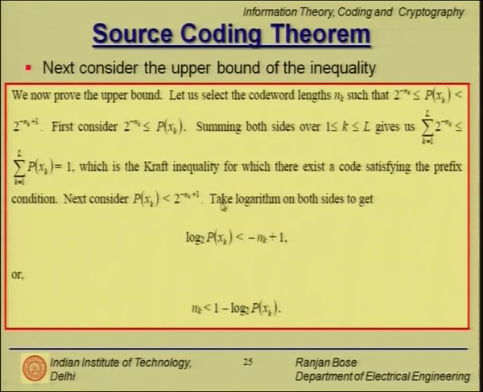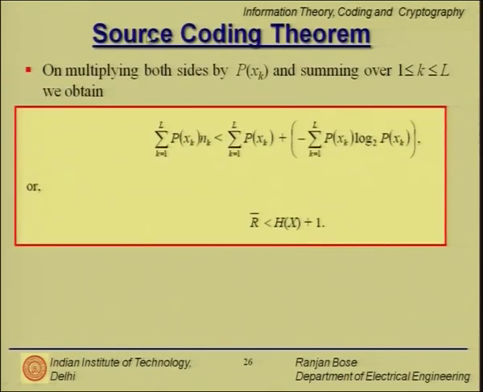Now, consider the right hand side: p(x_k) less than or equal to 2 to the power minus n_k plus 1. We take log on both sides. So, it becomes log to the base 2 of p(x_k), and of course, log to the base 2 of 2 to the power, hence this 2 goes away and we have minus n_k plus 1. We reshuffle it and we can write n_k is less than or equal to 1 minus log to the base 2 p(x_k). Now, what do we do with this quantity? Well, we multiply both sides with p(x_k).